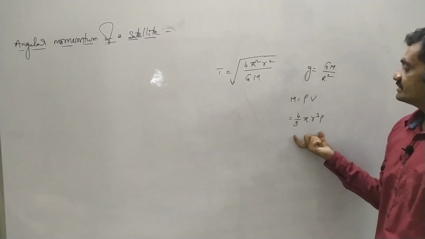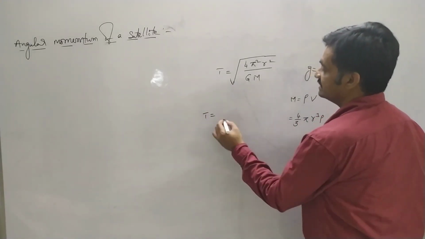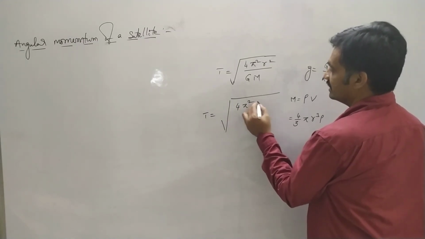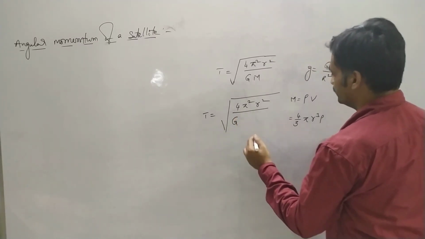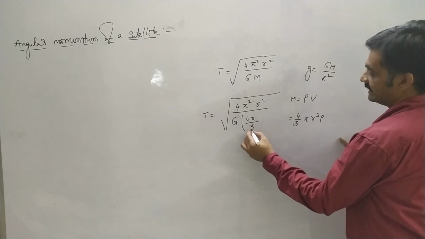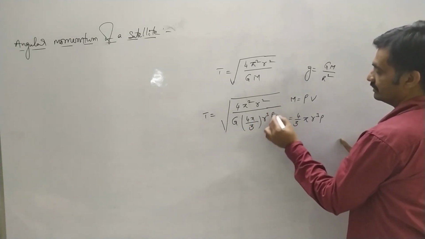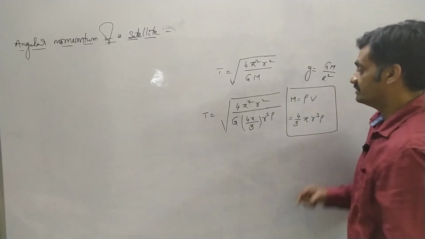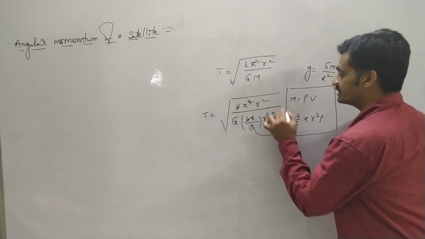So as we substitute this value in this expression, the time period is given as T equals under root of 4 pi square R square by G into 4 pi by 3 into R cube rho. Observe that here 4 pi gets cancelled and 3 comes upwards.